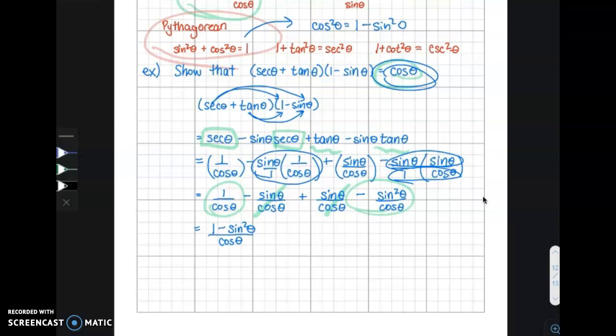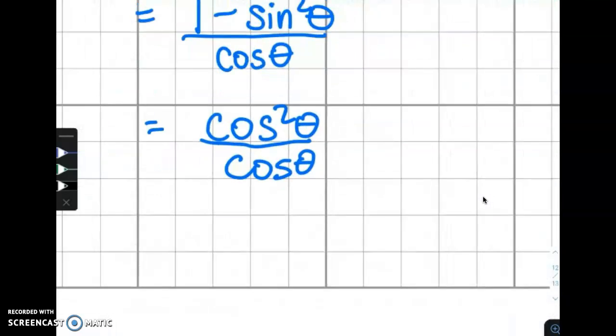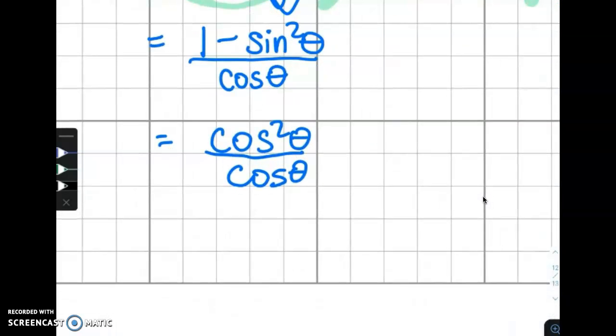So that means this 1 minus sine squared, I can substitute in cosine squared in its place. So down here, 1 minus sine squared is the same thing as cosine squared. So I substitute that in. Now look, I finally got to all cosines. Remember at the end, we want just one cosine.